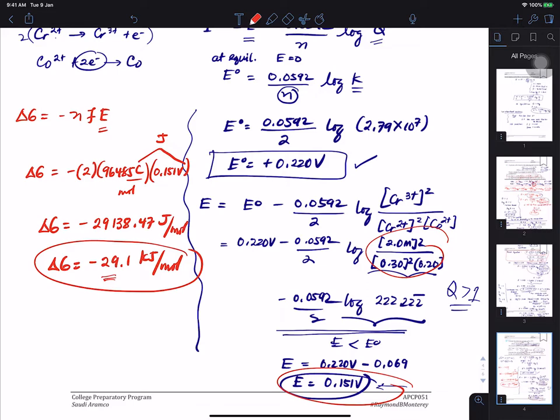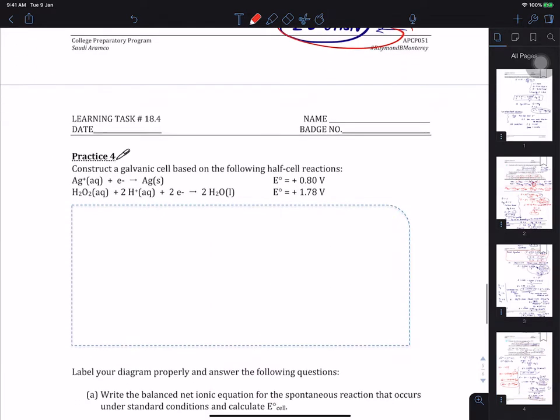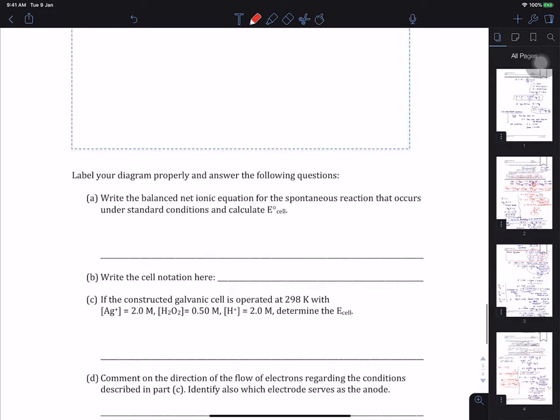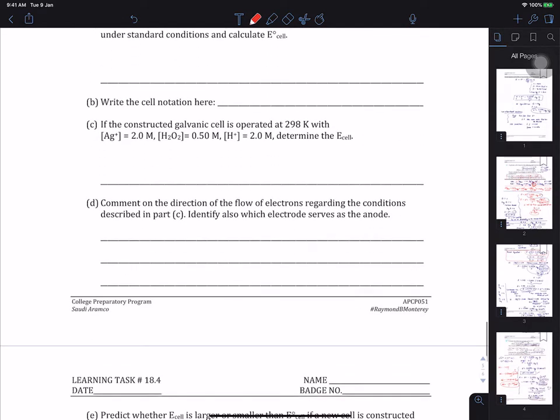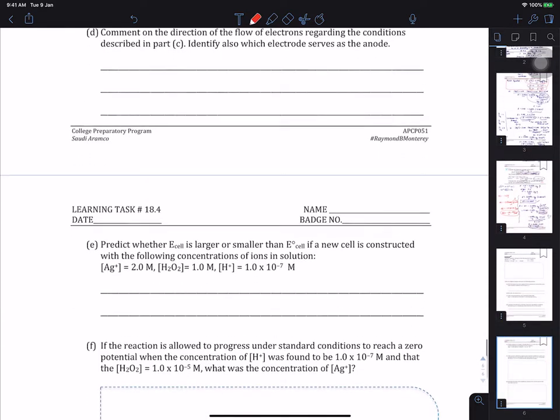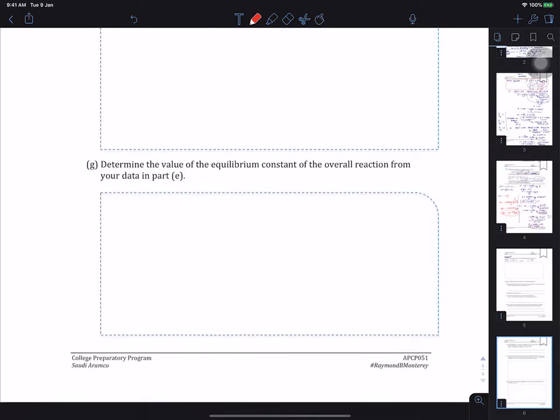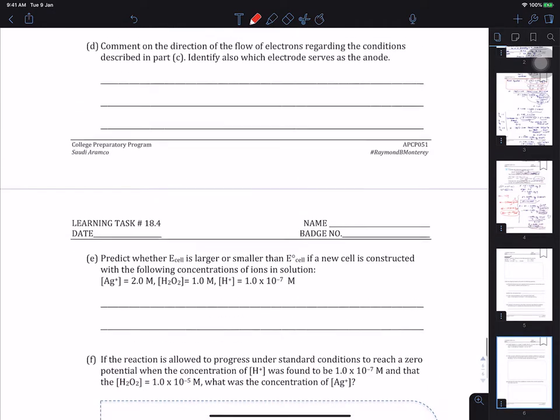As your assignment, this part here will be attached as an assignment. You have to repeat the entire procedure. I'm just showing you this so that you can work on it in your own time.